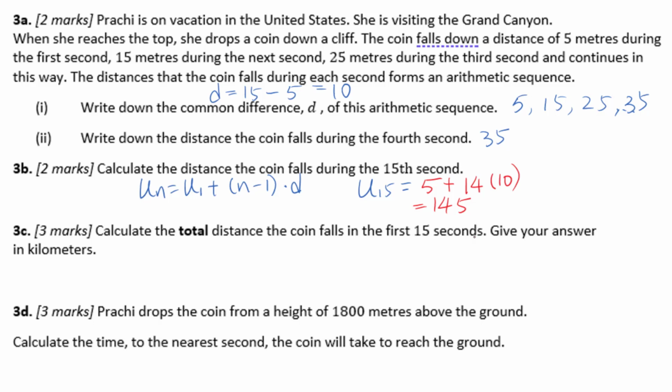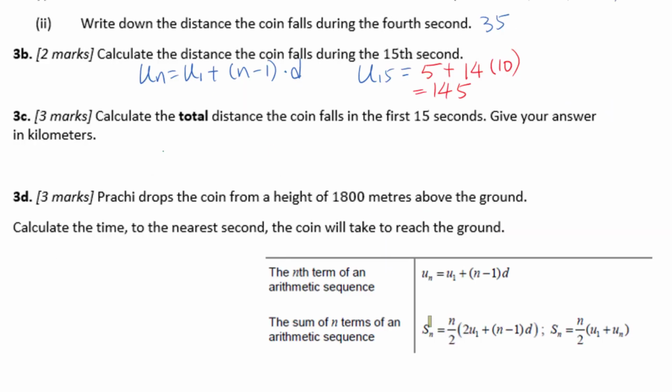3c. Calculate the total distance the coin falls in the first 15 seconds. Give your answer in kilometers. Since we are given two formulas for arithmetic series, we will use the first formula because we know u sub 1, d, and also n. n equals 15, u sub 1 equals 5, d equals 10.